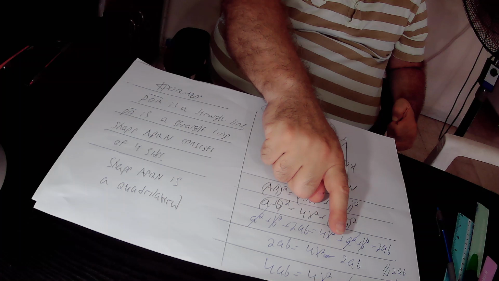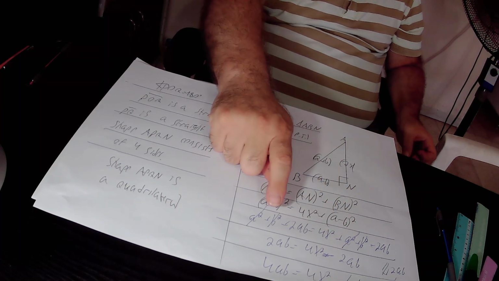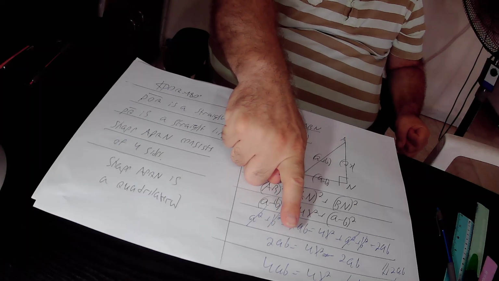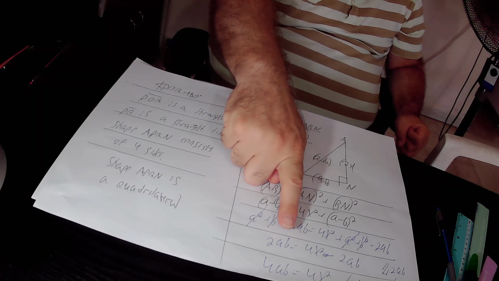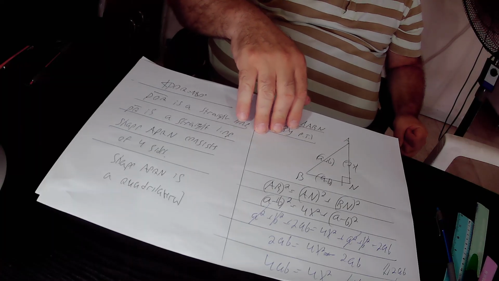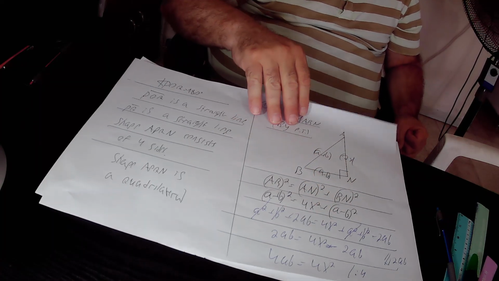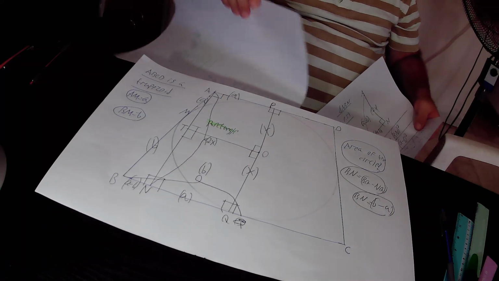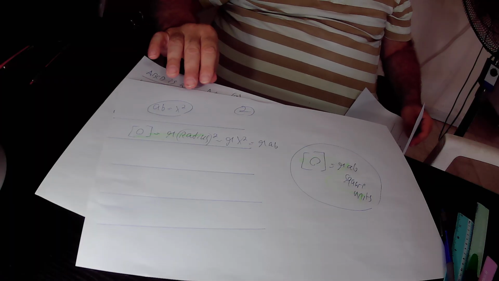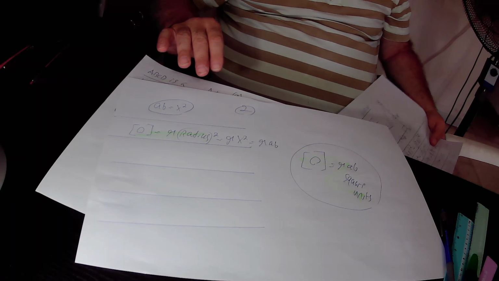Here we add 2AB to the equation, and finally find that 2AB plus 2AB is 4AB, so 4AB equals 4x squared. Here we divide this equation by 4, and find that 4AB over 4 is AB, and 4x squared over 4 is x squared. So in total we found that x squared equals AB.